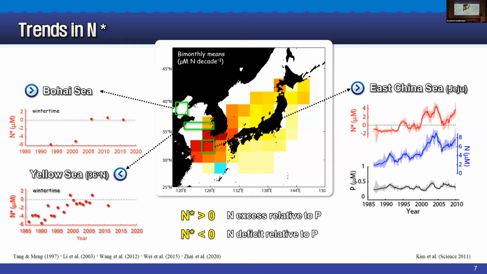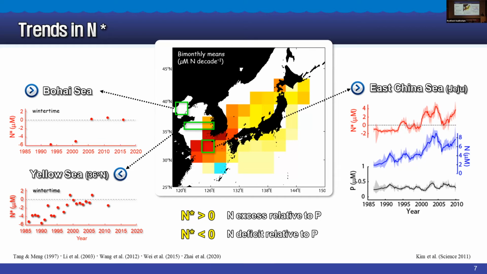Here's a good example. In waters around Jeju Island, south of the Korean Peninsula, there has been a considerable increase in nitrate concentration, in blue, starting from a couple of micromolars in the mid-1980s and reaching up to about 5 to 6 micromolars, with a lot of internal variability. However, phosphorus concentration remained approximately constant during the same period.